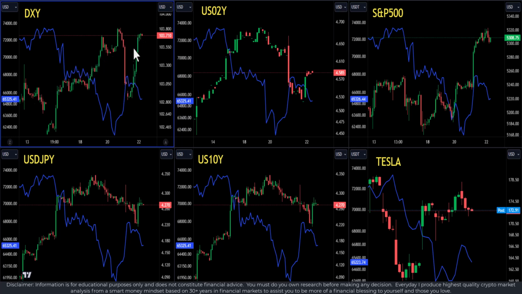Just bear in mind, when the DXY tends to rally, it's like everybody's taking their money off the table and putting it in their pockets and saying, oh, I'm not quite sure what's going on. And you'll get these kinds of retracements inside the market. Please be aware, all markets are intercorrelated and interconnected.